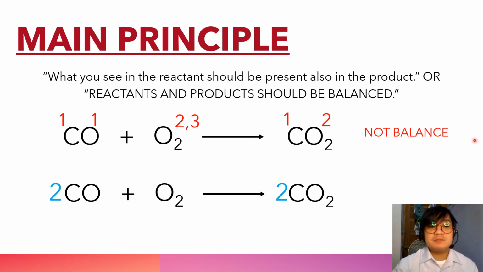Let's proceed. I will put a coefficient of 2 to carbon monoxide and 2 to carbon dioxide in the product. Afterwards, I will perform the distribution process in mathematics. We have 2 times 1 for carbon, so therefore you only have 2 carbons now.